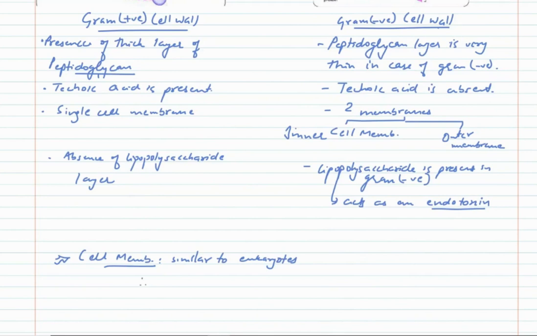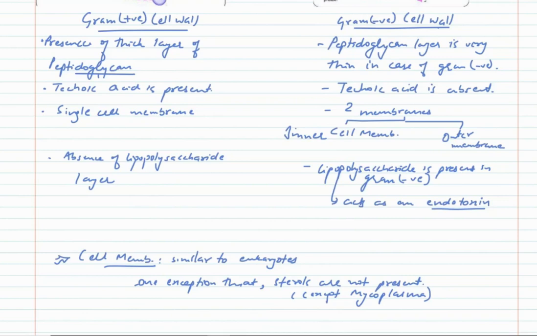Although there is one exception: sterols are not present. Sterols are seen in eukaryotes, but they are not seen in the plasma membrane of prokaryotes, except mycoplasma, where sterols are present in the cell membrane.